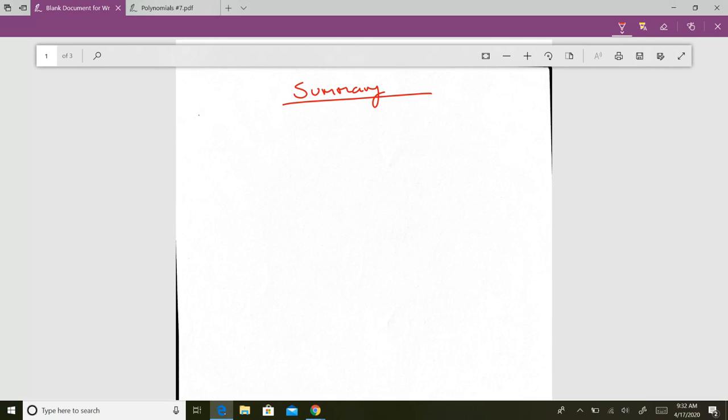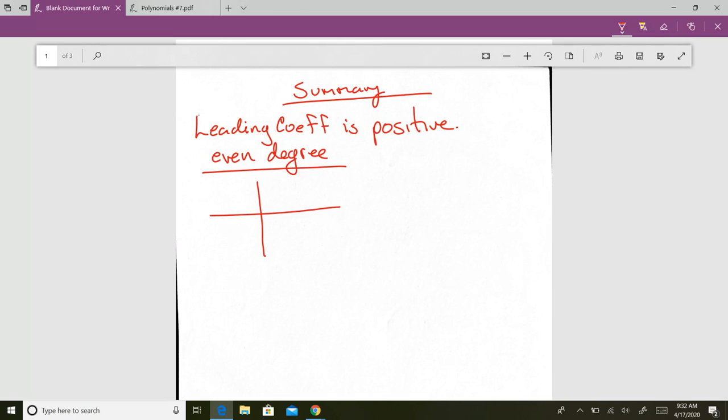So, if your leading coefficient is positive, and it's an even degree function, then your graph will look like something like that, or the parabola shaped like that. The key here, people, is both arms are up.